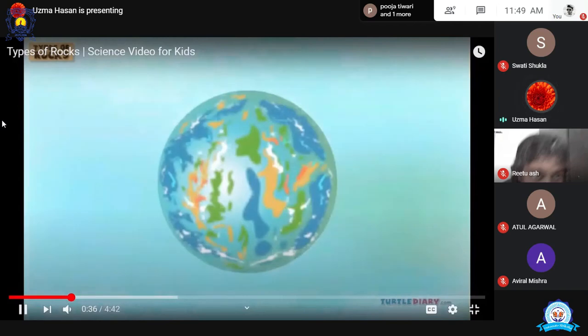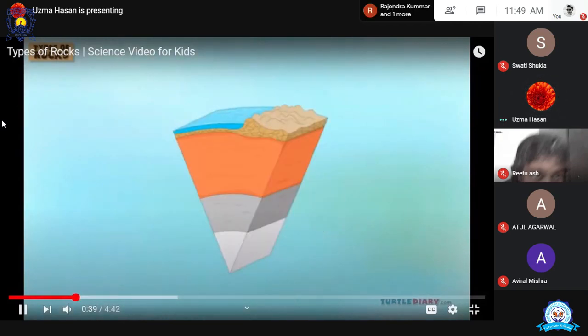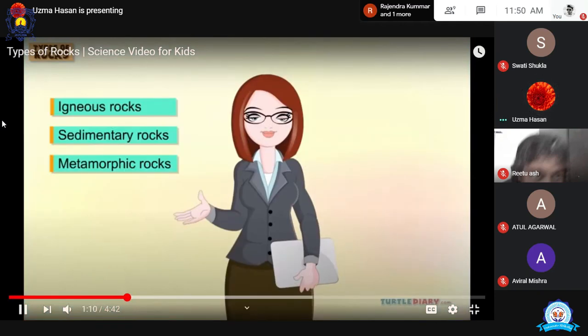The earth is formed in layers. The topmost layer is called very tiny. They can be made of different colors and have many different shapes. There are 3 types of rocks. Their names tell how they're formed.